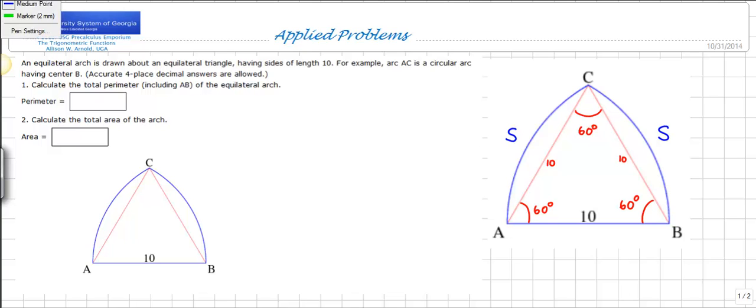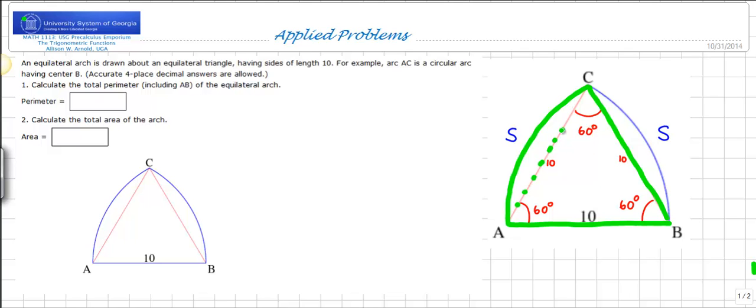When you form the equilateral arch, contained in it will be two identical sectors, like so. So you've got sector ABC and you've got sector ABC if I go the other direction.